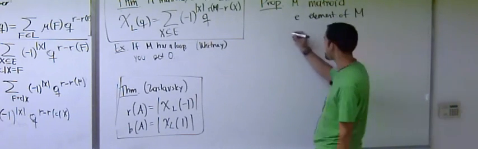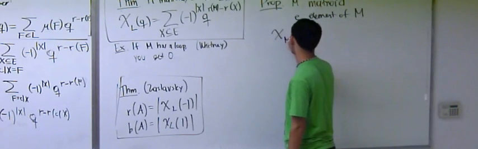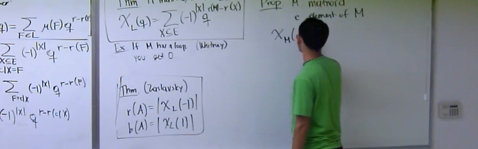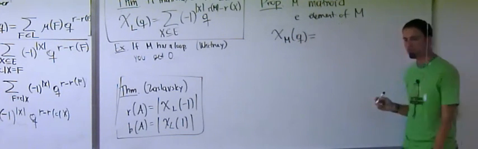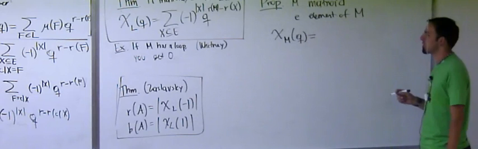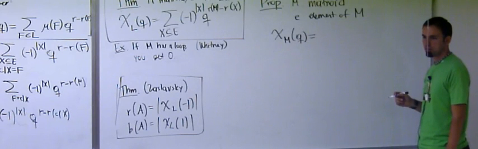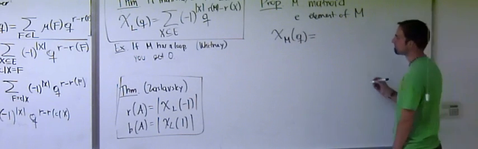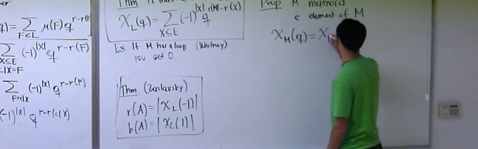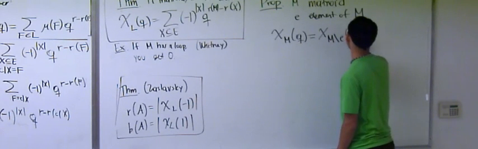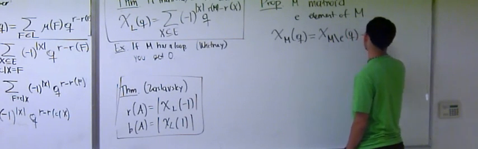So the proposition is that if you want the characteristic polynomial of the matroid, then you can obtain it very, very easily from the deletion and the contraction. You just delete and contract.